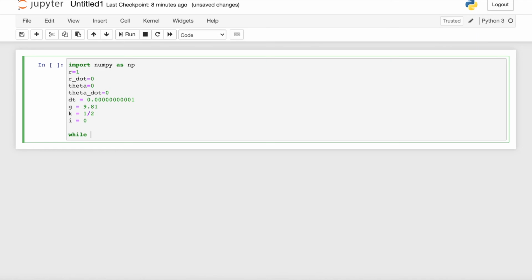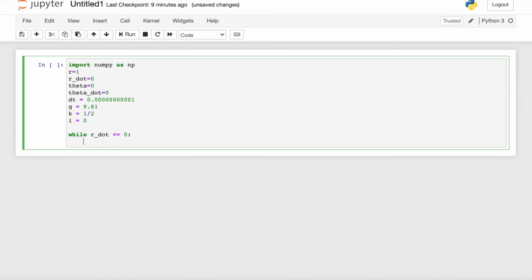While r dot is less than or equal to 0. That's because r dot is the velocity of the string, and it's going to be negative and increasing up to a critical point where it's positive. So this is our condition, and we want that final time as well as probably the final angle.